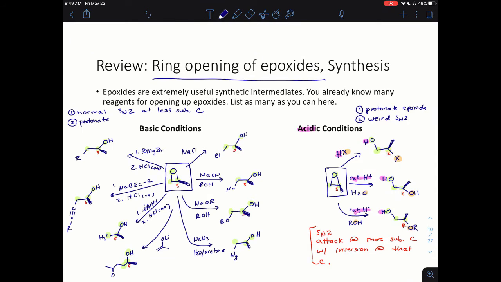Under acidic conditions, we will protonate the epoxide first, and then there's a weird SN2. So under acidic conditions, there's typically a weak nucleophile like water or an alcohol, and it's not strong enough to react with just the epoxide itself, like we saw in the previous example. So there's a proton transfer. The more substituted carbon shares the positive charge with the oxygen by having a long bond, just like we discussed for the bromonium ion in the previous example.